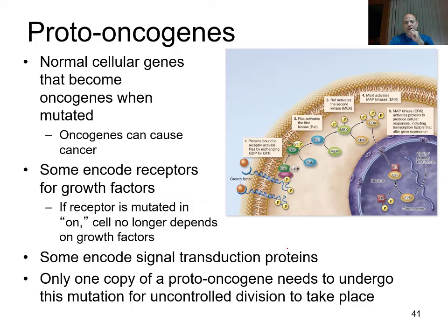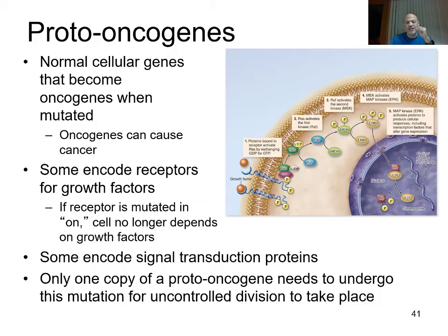So these proto-oncogenes might be genes that code for proteins that are involved in growth factor receptors or any of that signal transduction pathway that causes the cells to go through cell division.